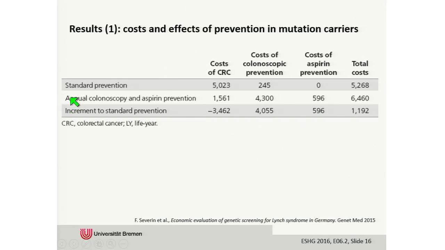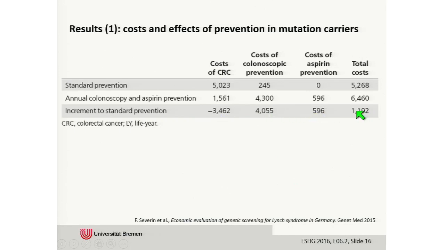Then you have the other group where they have increased prevention, which has as consequence you have lower cost of cancers because you have many cancers which are avoided. On the other hand, you have higher cost of colonoscopic prevention, so you have savings in cancer of nearly 3,500 euros. You have add-on costs for prevention, for colonoscopy, and of course you have add-on costs for aspirin.